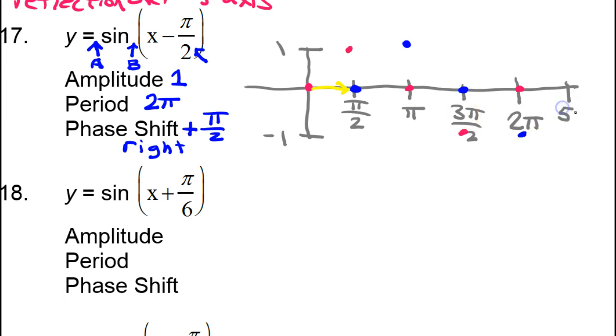This would be 5 pi over 2. And it must be labeled for full credit. So I'm going to put this dot here. So this is what the actual graph should look like. All right, notice that it has been shifted to the right by pi over 2 from the pink dots.